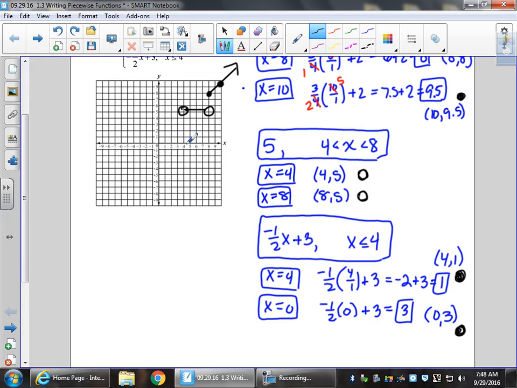Ray, very good. So 4, 1, solid. 0, 3, solid. Do I start at the left point or the right point? Good job. The right. This was my initial value, and a less than is to the left. Very good.